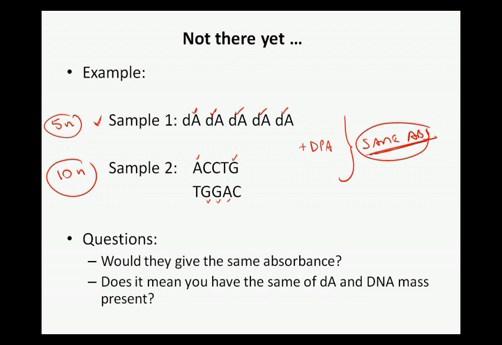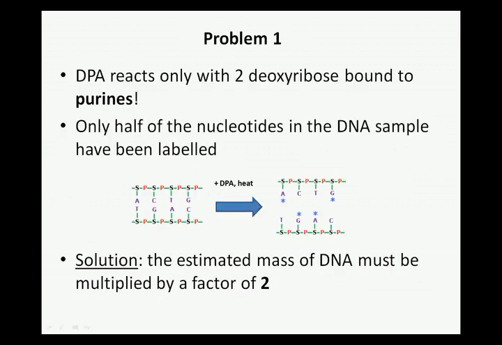Now let's go through them and I'll show you also how you can account for them. As I said before, DPA reacts only with 2-deoxyribose bound to purines. So only half of the nucleotides of the DNA sample will be labeled. Please keep in mind one thing I forgot to tell you earlier on, is that in reality DPA does not react with intact DNA like this, but the nucleotides actually get hydrolyzed.